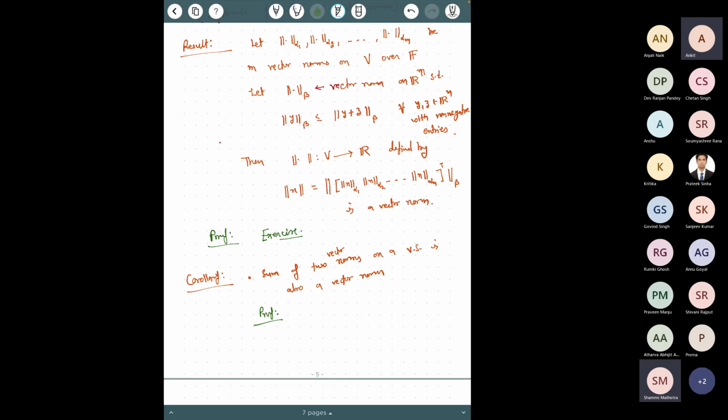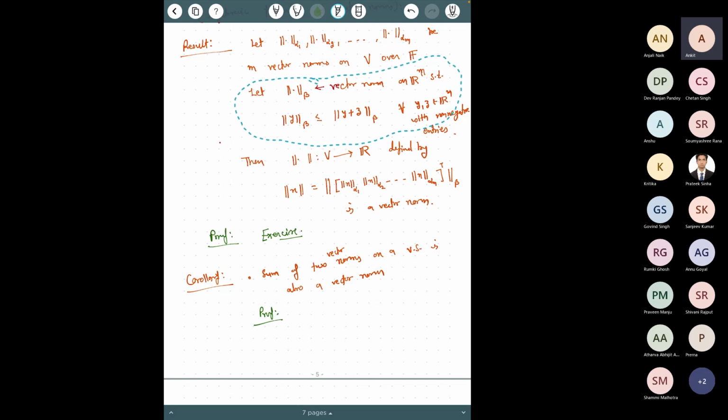Let me just make a comment before you give any justification. Although this property looks very odd here, all the Lp norms on Rm satisfy it. In fact, not only that, any norm on Rm that is a function only of the absolute values of the entries of x has this property.